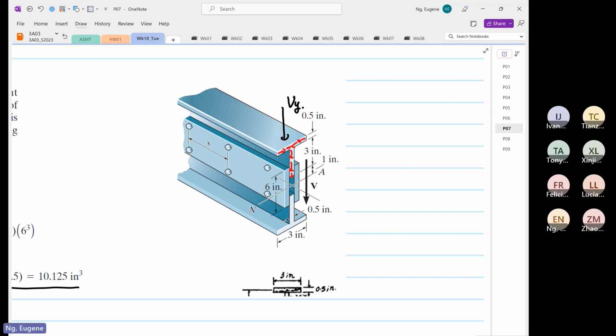Once it occupies the whole T section, then it will transmit the load on the bolt. So the first moment of area to take is the entire T section.